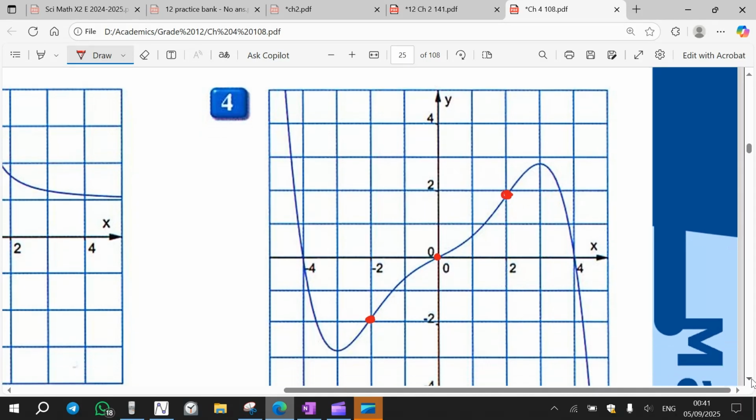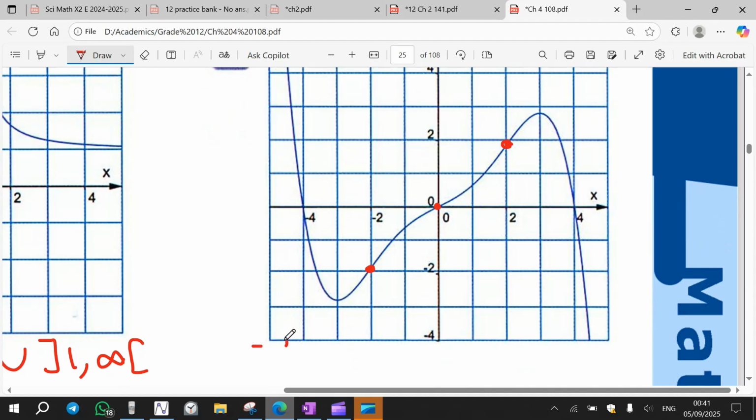Now if I write it as intervals, negative infinity until -2, this is concave, union with 0 until 2. These two intervals together are concave.